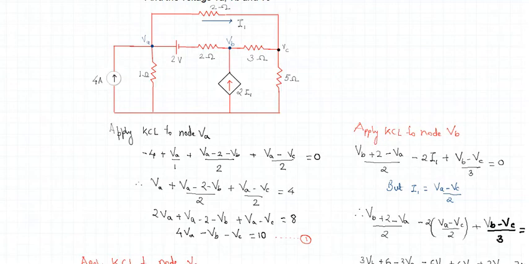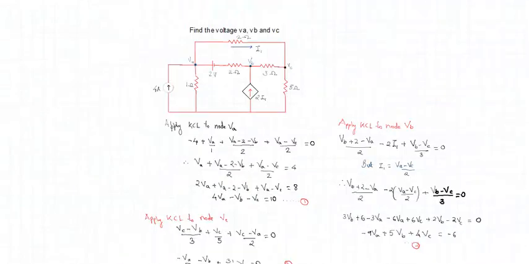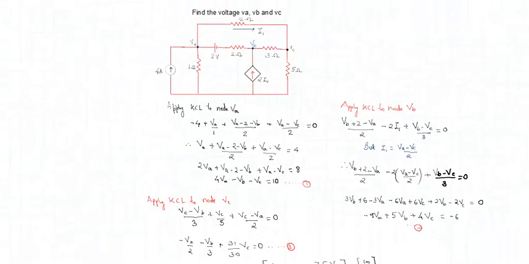So let us verify that what we have just discussed is correct. Look at your first path: VC minus VB by 3. The second path, VC by 5. And the third path, VC minus VA by 2.